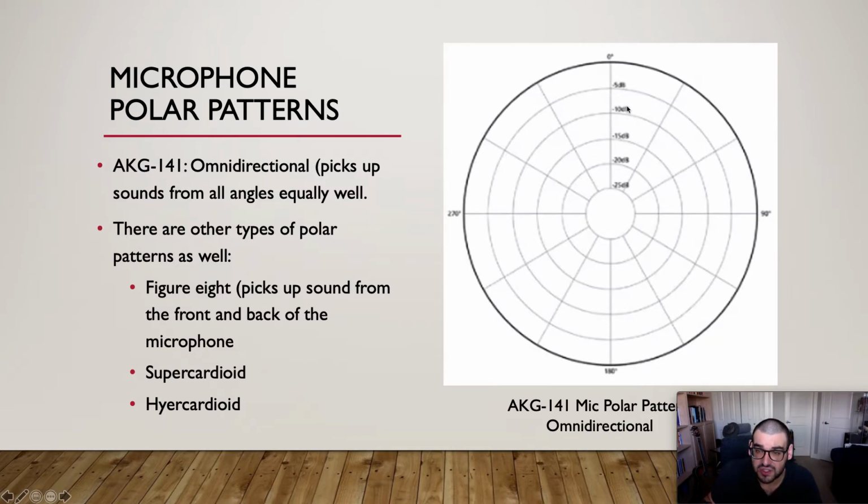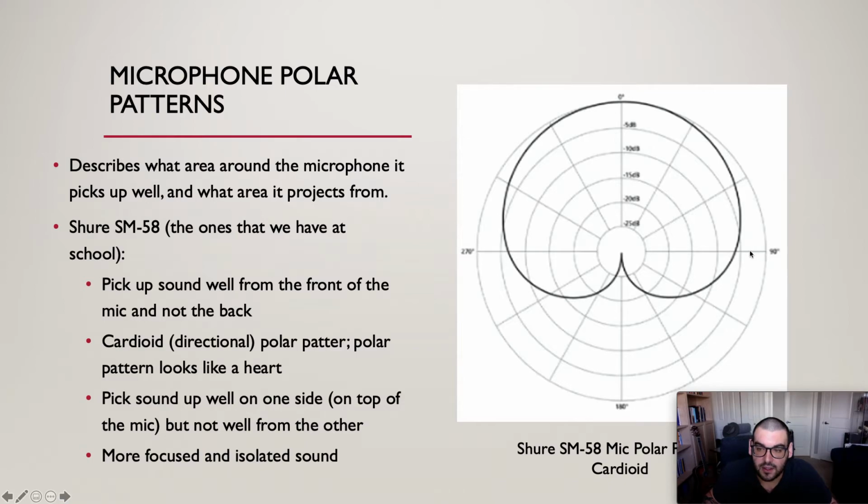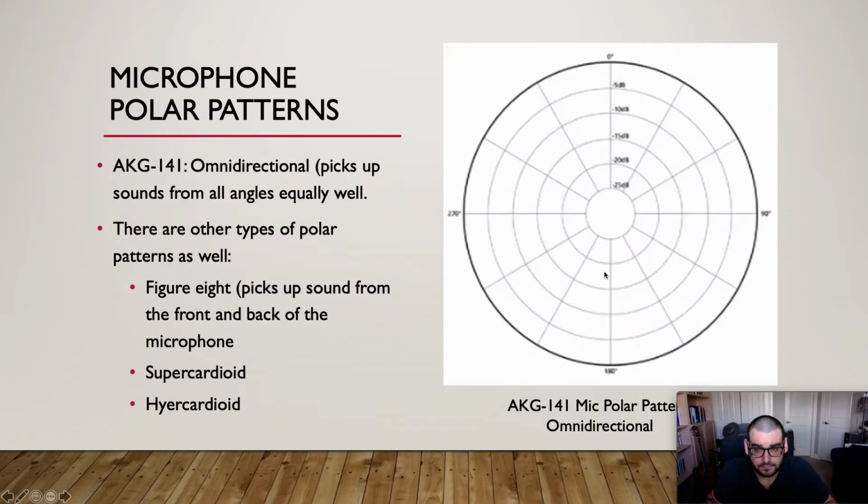But if you look closely, this thick black line all around is considered our polar pattern. So if we look at the Shure SM58, the polar pattern is the shape of the heart, this thick black line. If we look at the polar pattern of the AKG 141, it's omnidirectional, all directions. And that thick black line, the polar pattern, is everywhere. And so those microphones are designed to pick up sound from everywhere, no matter where you're standing.